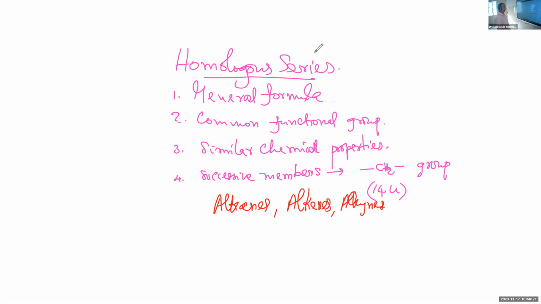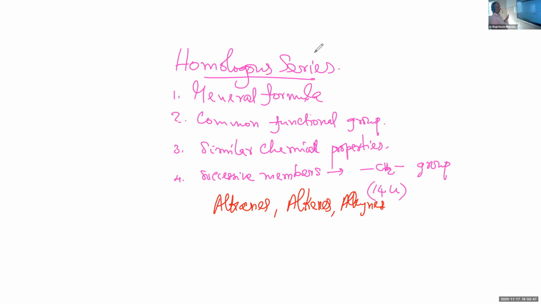Alkanes can form a homologous series, alkenes another homologous series, alkynes yet another homologous series. You have heard about this in the 10th standard.